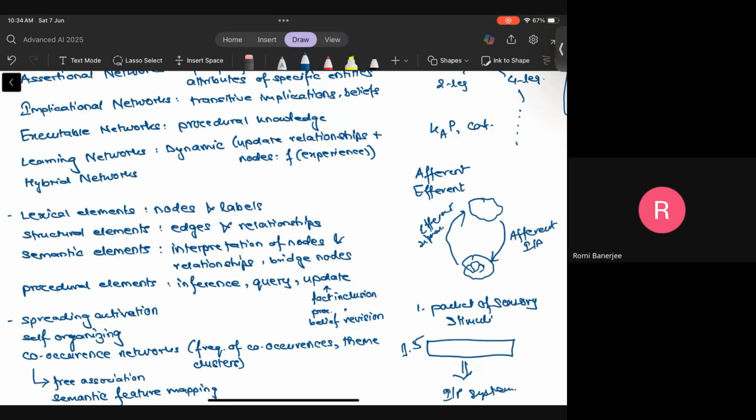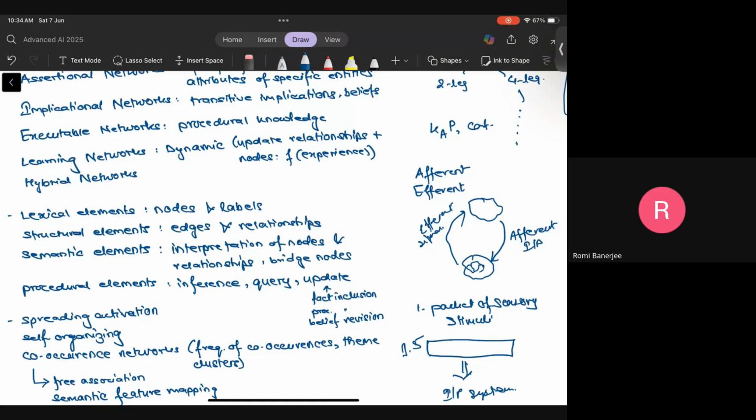Then beliefs can also change because of negative reinforcement. It can change because you might learn more facts with time. Initially you thought all pens are white, and then as you move on in the world, you realize that pens can be multicolored. So the belief that a pen is always white will go down, and the belief that pens can be multicolored will go up.